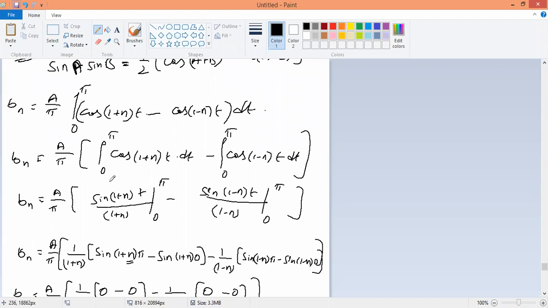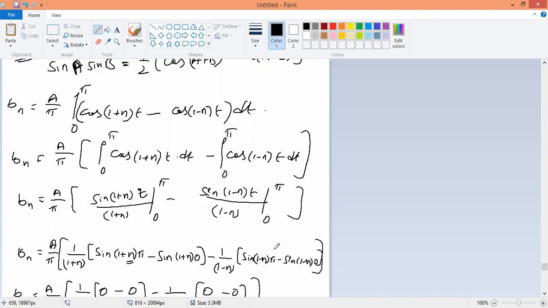Here also, the integral of cos (1 plus n)t dt is sin (1 plus n)t by (1 plus n), minus sin (1 minus n)t by (1 minus n), with limits 0 to pi. Next a by pi [1 by (1 plus n) into sin of (1 plus n)pi minus sin of (1 plus n) 0, minus 1 by (1 minus n) sin of (1 minus n)pi minus sin of (1 minus n) 0]. We substitute pi and 0.